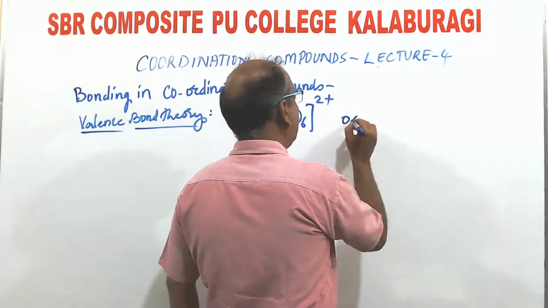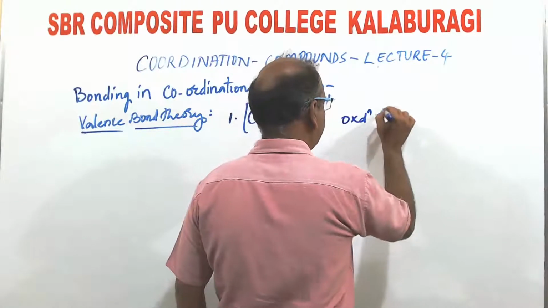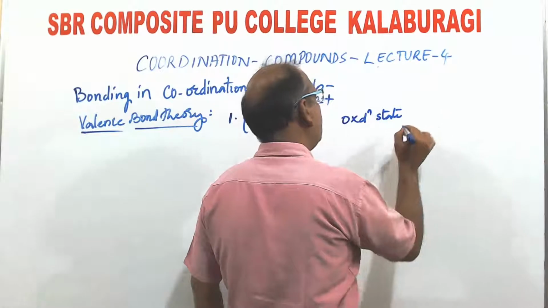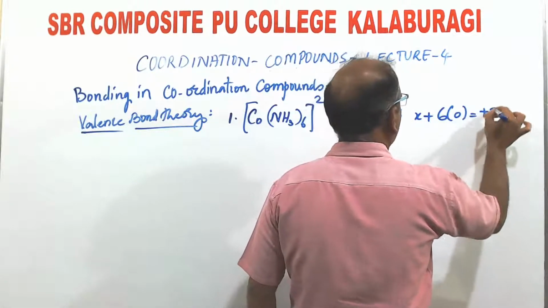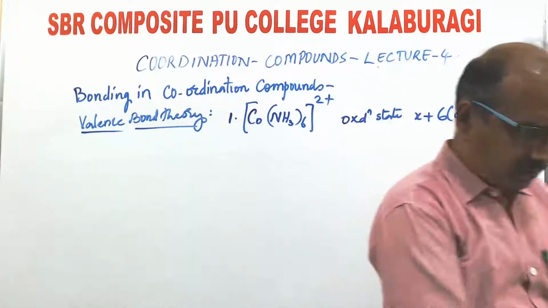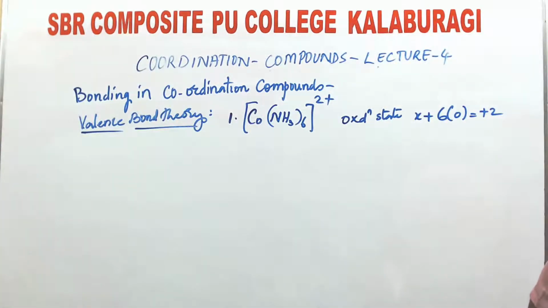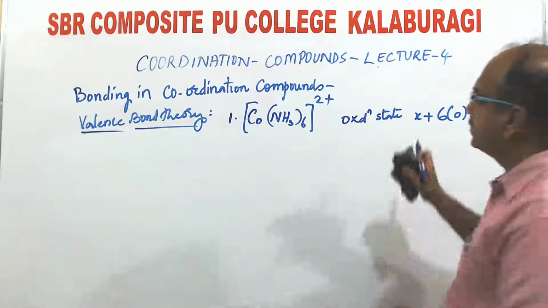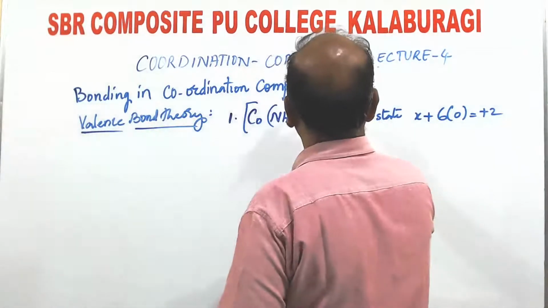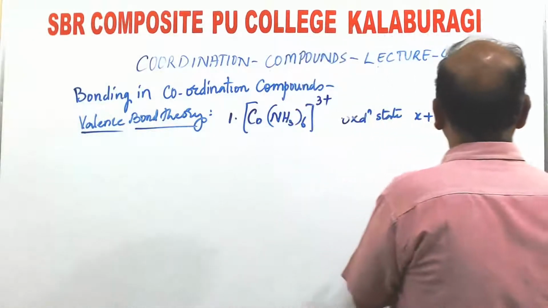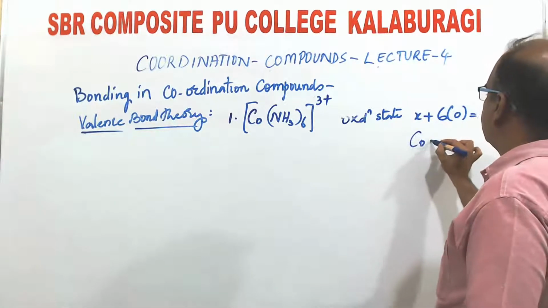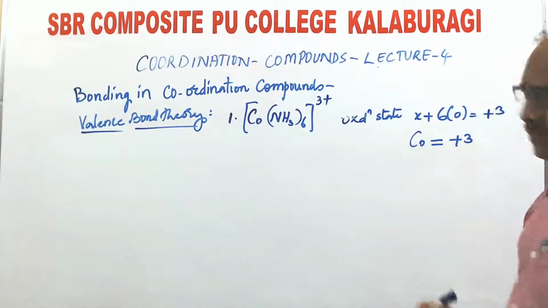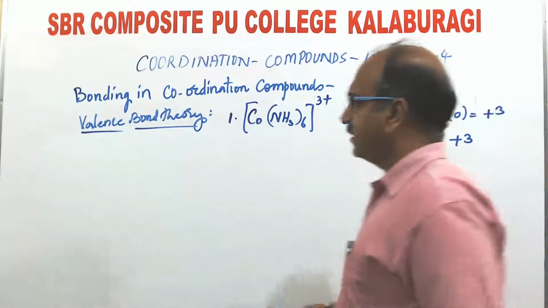Oxidation state, if you have to count, x plus 6 times 0 is equal to plus 3, because the charge is 3 plus. So the cobalt oxidation state is plus 3, which means it is donating 3 electrons.